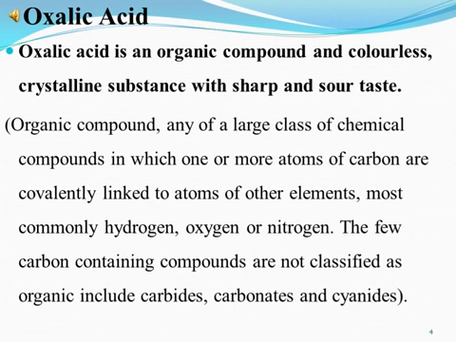Organic compound: any of a large class of chemical compounds in which one or more atoms of carbon are covalently linked to atoms of other elements, most commonly hydrogen, oxygen, or nitrogen. The few carbon containing compounds are not classified as organic, including carbides, carbonates, and cyanides.